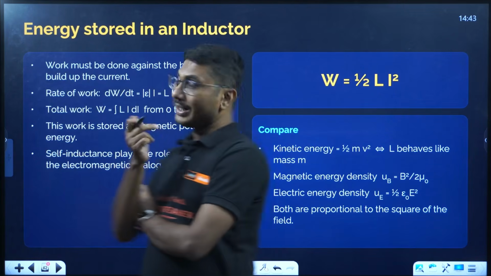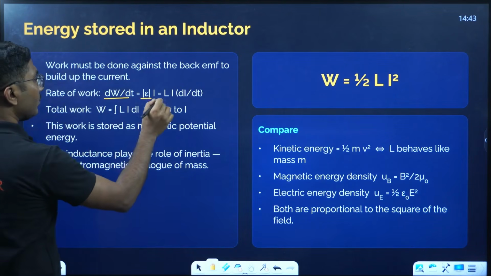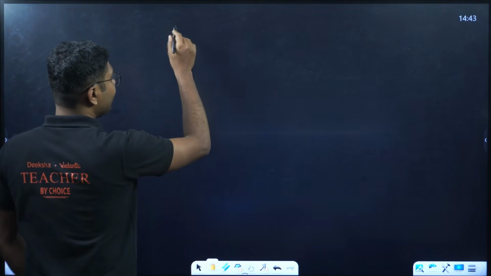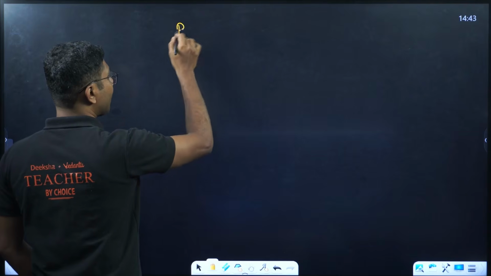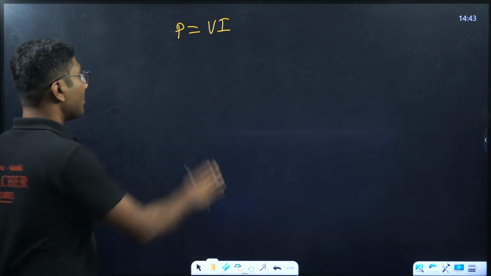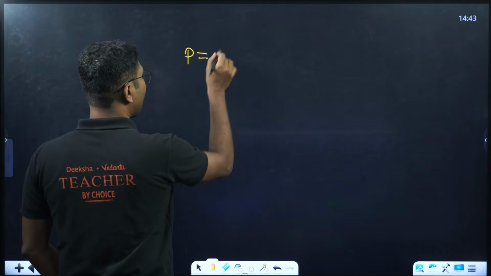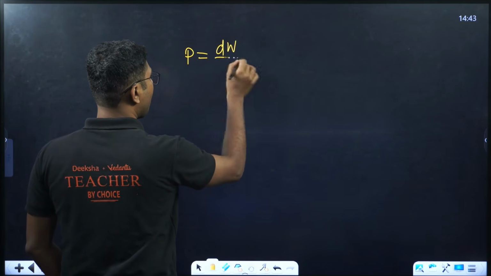So what is rate of work done? Rate of work done is actually the induced EMF into current. Power is voltage into current, V I. If you remember, I told you multiple times in our previous chapter that power is defined by rate of work done.